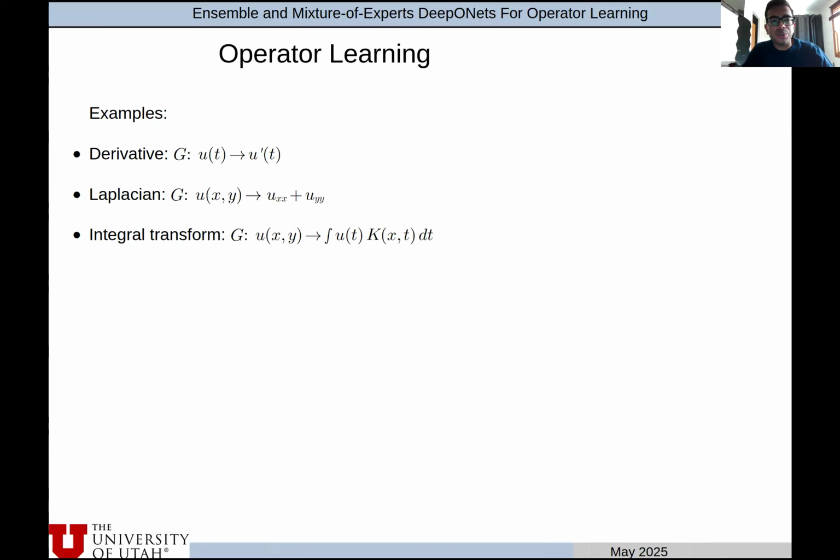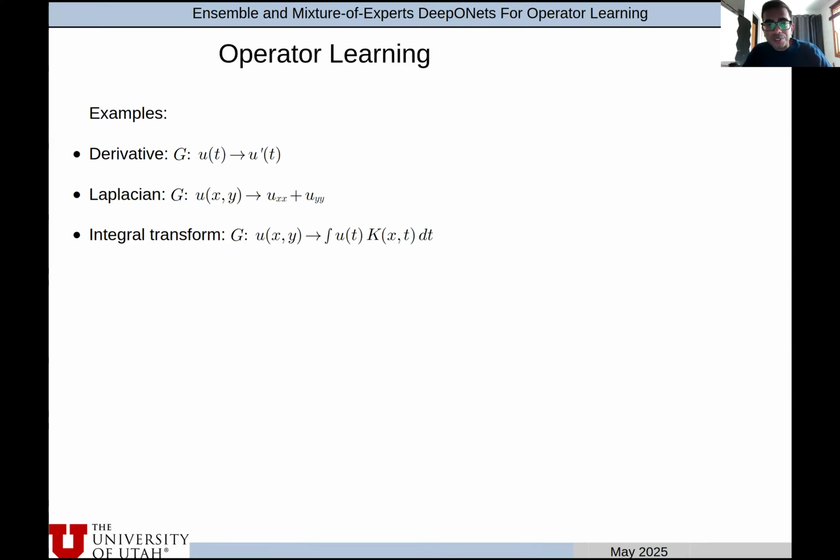The goal is to learn that mapping, the action of that operator, so that in the real world, when we give the learned operator a previously unseen function, it can give us the action of that operator on that new unseen function.